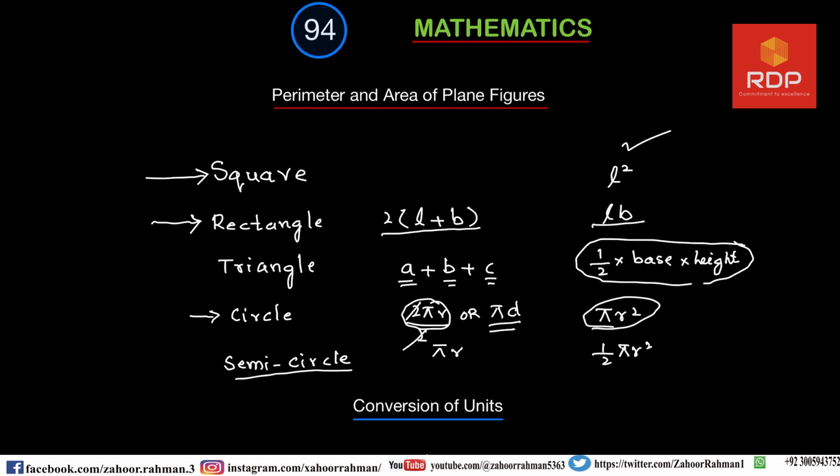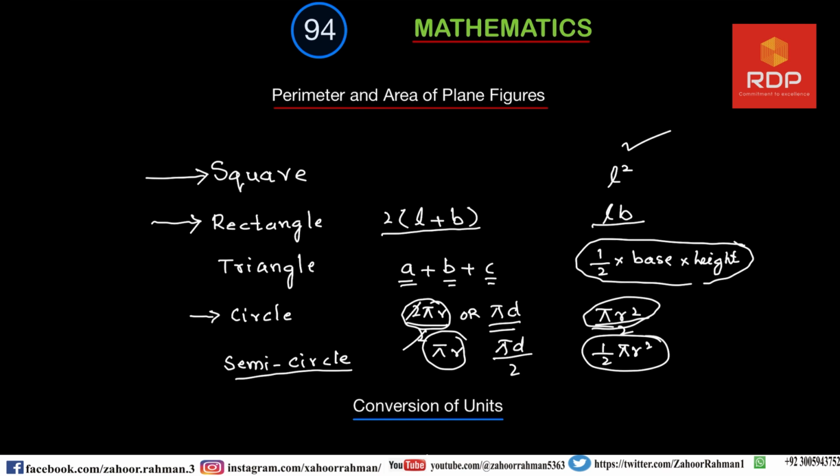This 2 will be cancelled with this, and as a result we will get this r. Pi d divided by 2 is also used in case diameter is given to us. Similarly, we have to divide this full circle by 2, and as a result we will get this particular formula.